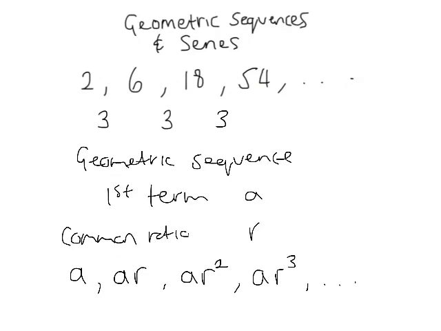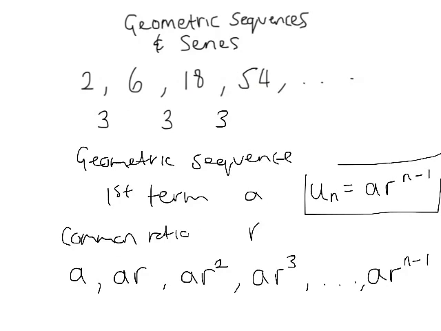In general, our nth term of a geometric sequence is going to be the first term times the common ratio to the power n minus 1. So this gives us the result that the nth term of a geometric sequence is A times R to the power n minus 1.